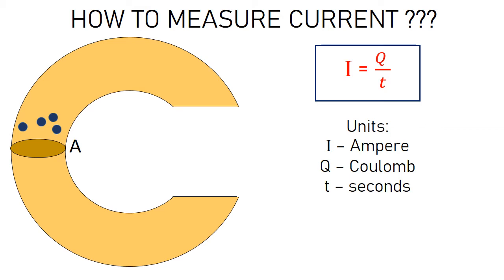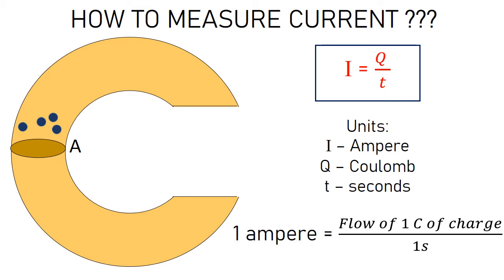So current is nothing but the rate of flow of charge, quantity of charge flowing through a cross-sectional area in 1 second. So you can say 1 ampere of current is flowing through that conductor when 1 coulomb of charge passes through in 1 second.